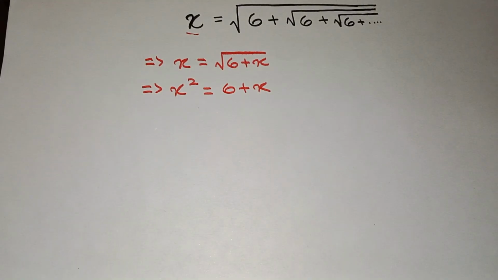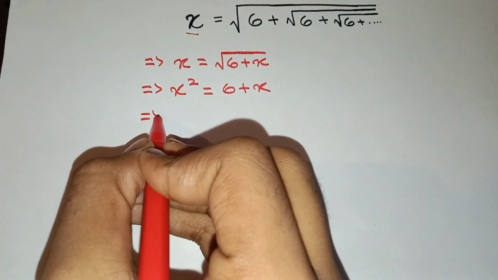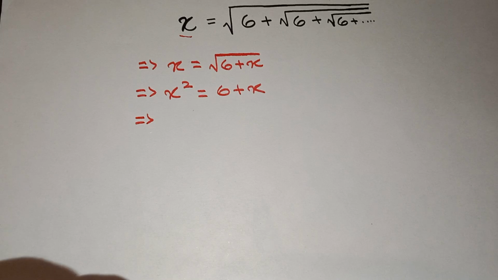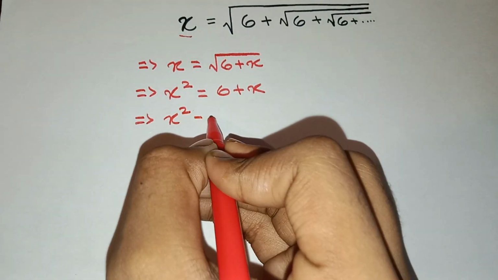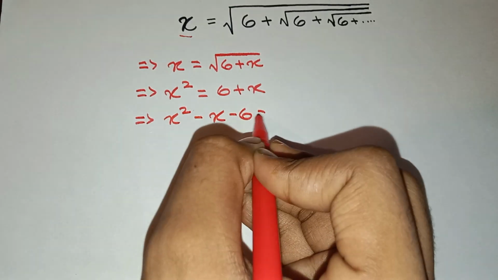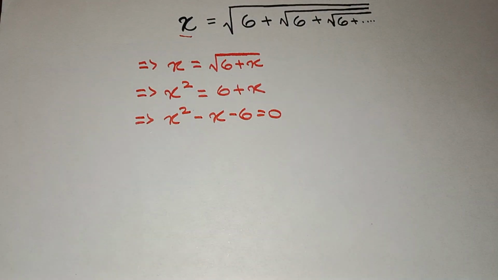Now we will make it a quadratic equation or quadratic form. So x square minus x minus 6 equal to 0. Now we have made the quadratic equation. Now we will solve it with the quadratic formula.